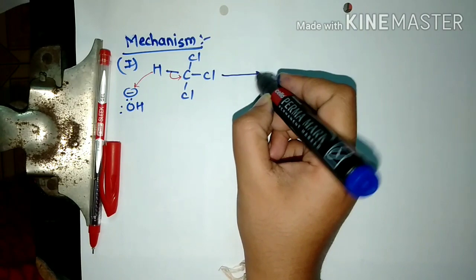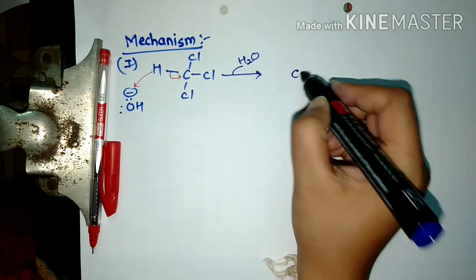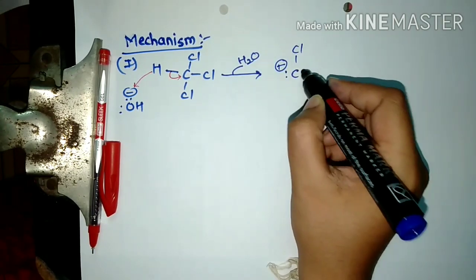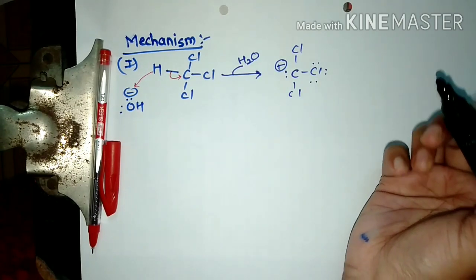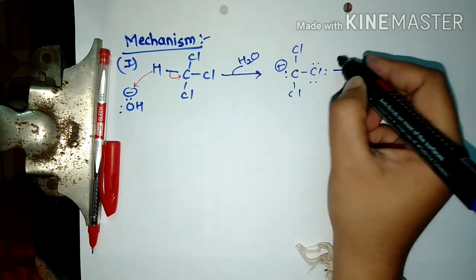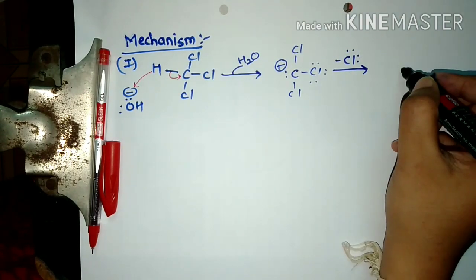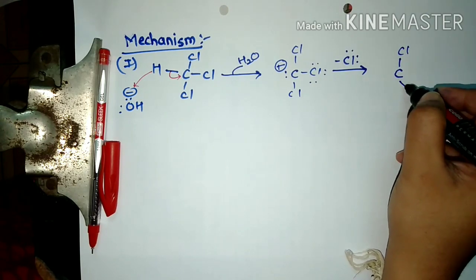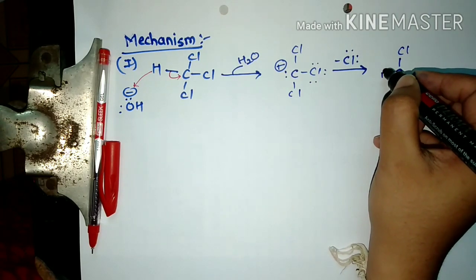So there will be removal of water and formation of carbanion. Okay. Next step, what will happen? Removal of chlorine will take place. So there is a formation of carbene atom.